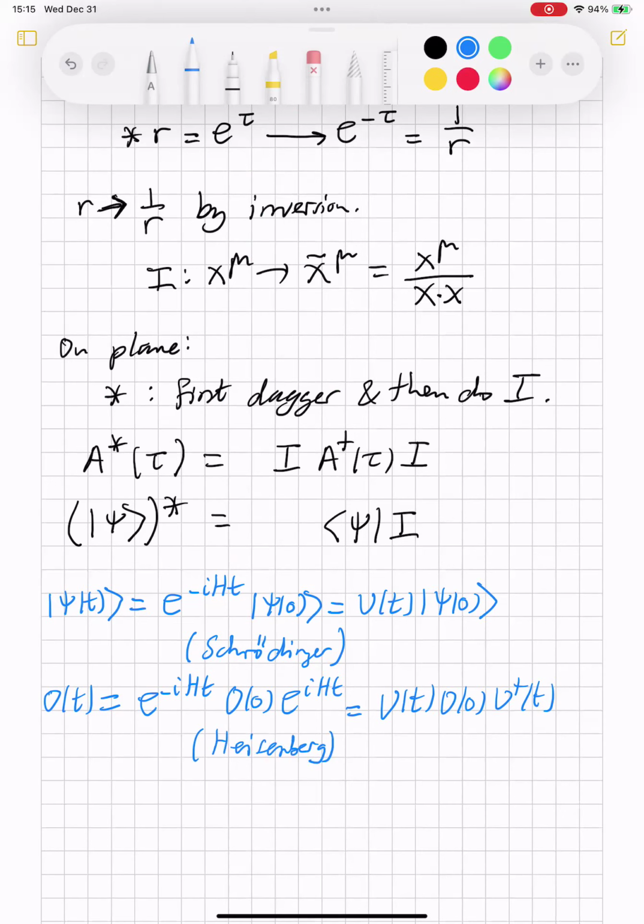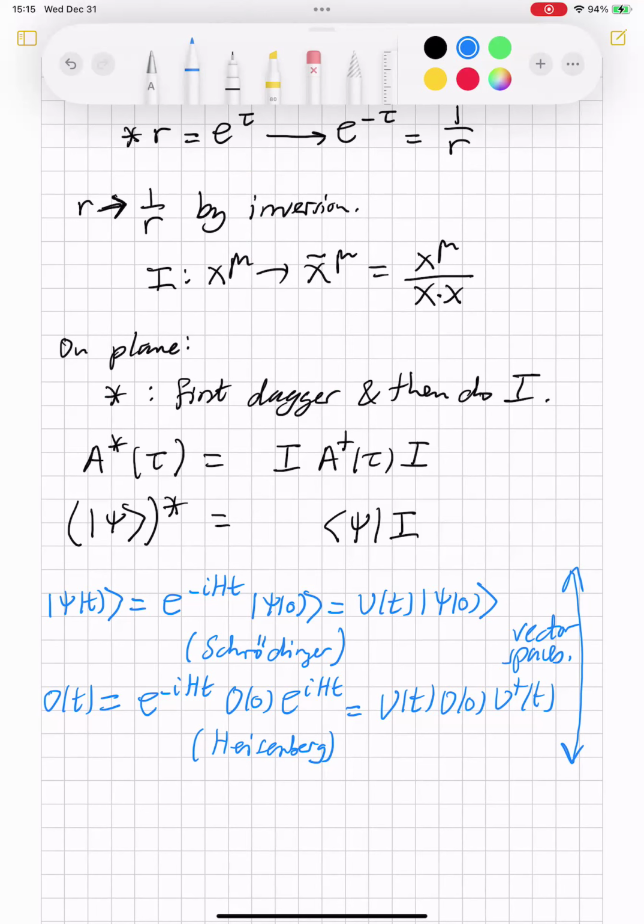And this rule, that you apply the transformation to the ket, or you apply U dagger to the operator O, this is just a property about vector spaces, okay? Don't get hung up on this. This is just the difference about how we transform operators and vectors, or equivalently, how we transform matrices and vectors.